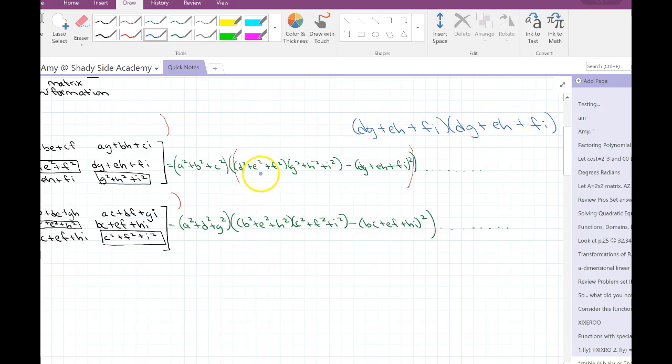You can look ahead to these two trinomials. When you multiply these two trinomials out, every term is going to be degree 4, some letter squared times some letter squared. So that allows me to very quickly figure out what's going to be left behind and what's going to stay.